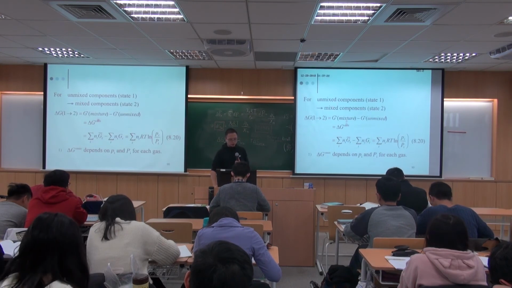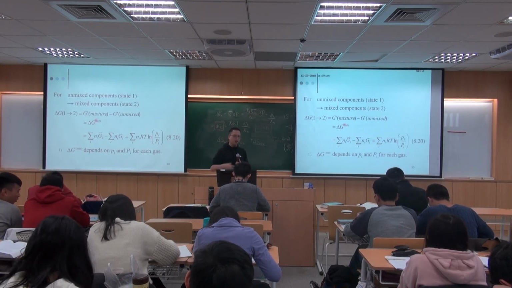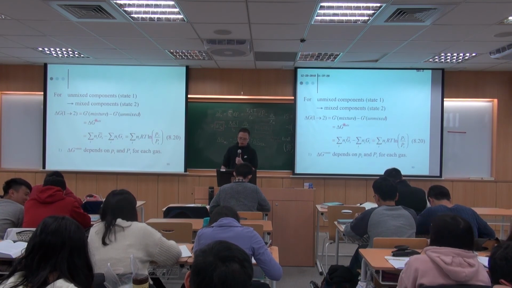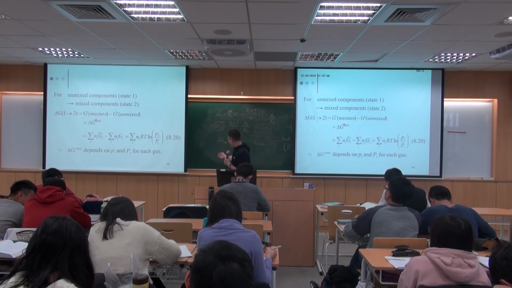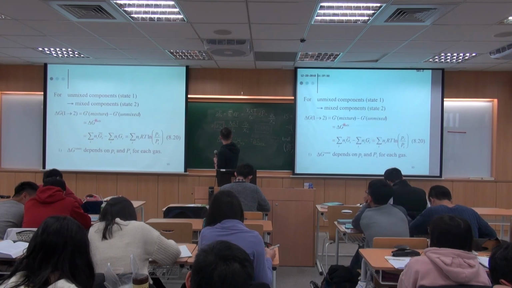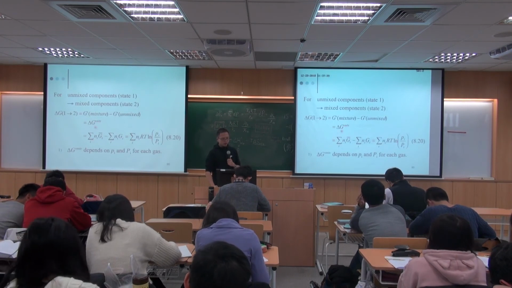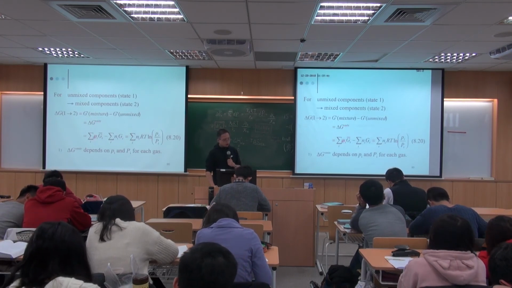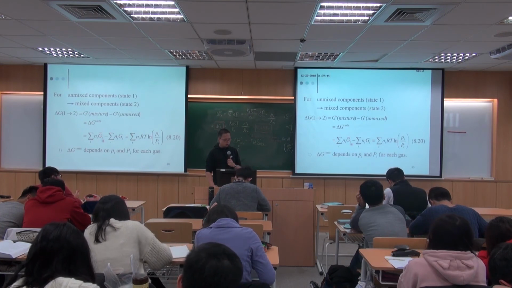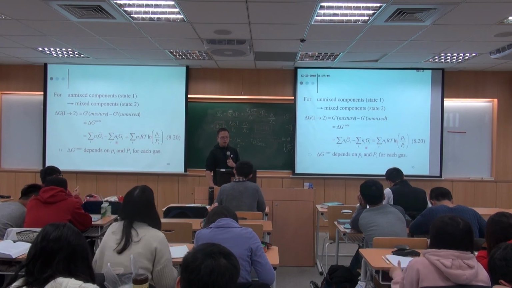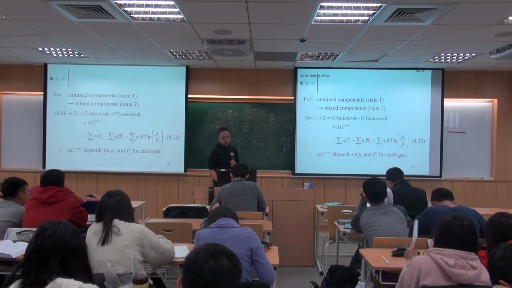So delta G mix or G prime mix, the prime here again means that this is an extensive property. So it's essentially the same as what I wrote over here. The delta G prime mix is, of course, the total mole number times these G_i bar, because this is a partial molar Gibbs free energy, after mixing, minus that quantity before mixing. Okay?